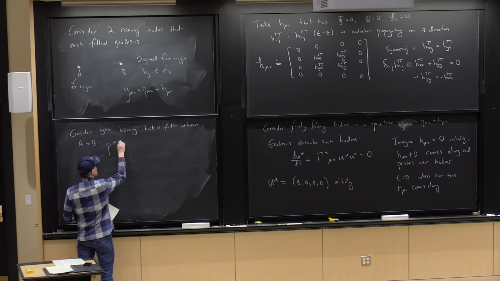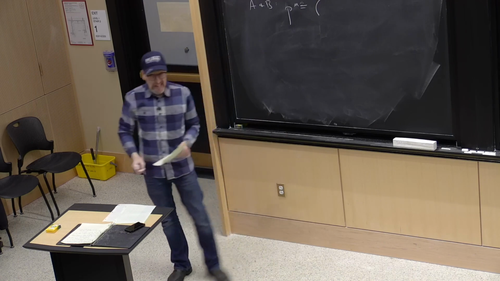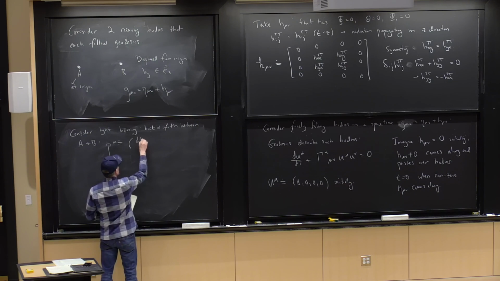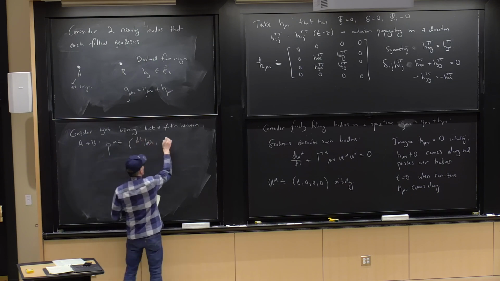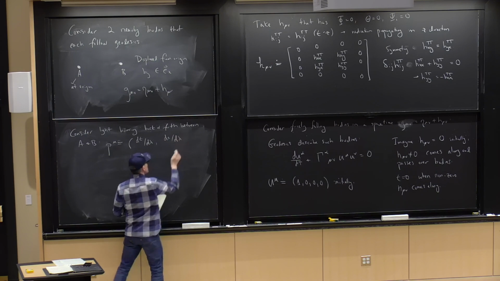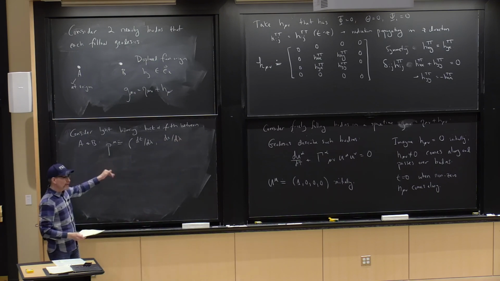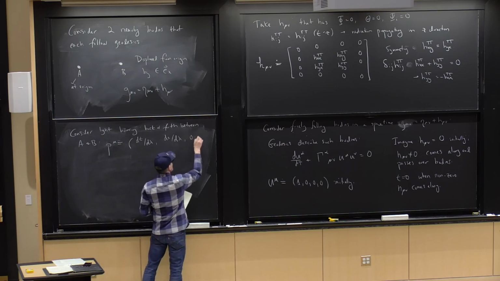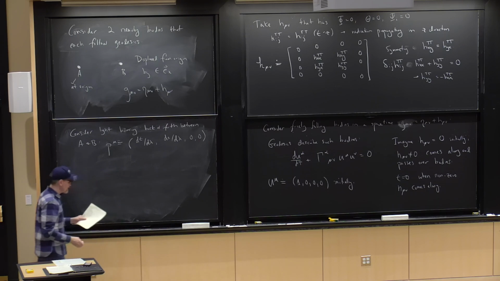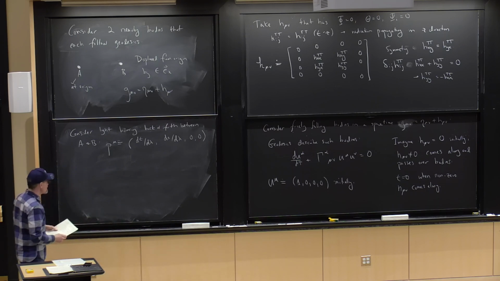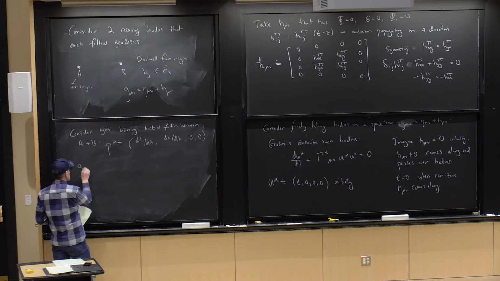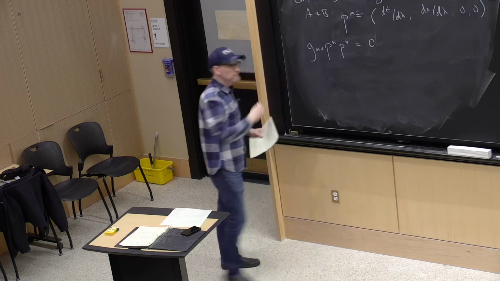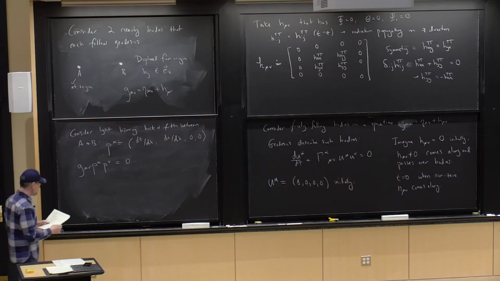So recall, I can't really define a forward velocity for light because proper time is not defined, but I can introduce some kind of an affine parameter such that d by d lambda tells me about motion along the world line that this light follows. And this is just bouncing back and forth between these two, so it moves in the x direction. Because this is light, p dot p equals 0.